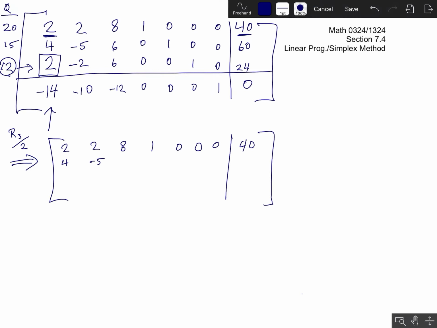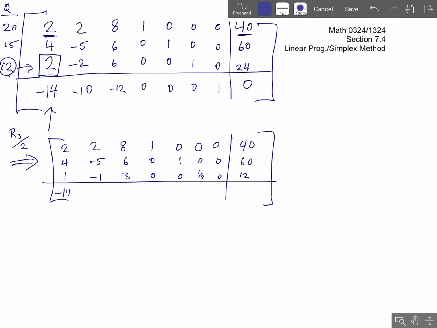These top 2 rows are not going to change. But the third row, we're dividing by 2. So this would give us a 1, a negative 1, a 3, a 0, 0, a 1/2, a 0, and a 12. And then the objective row is also not changing.